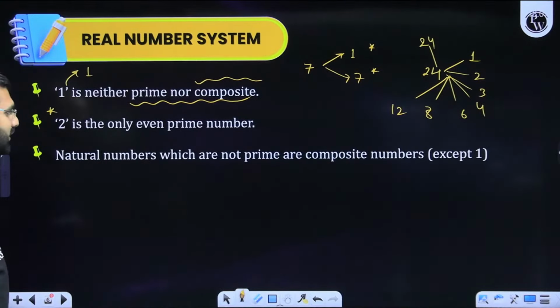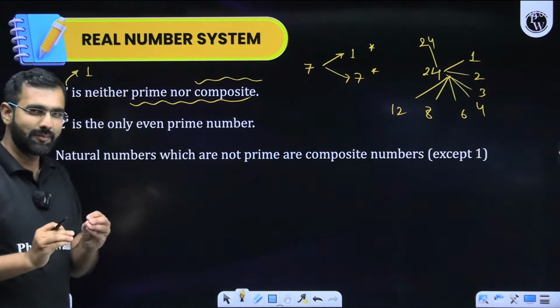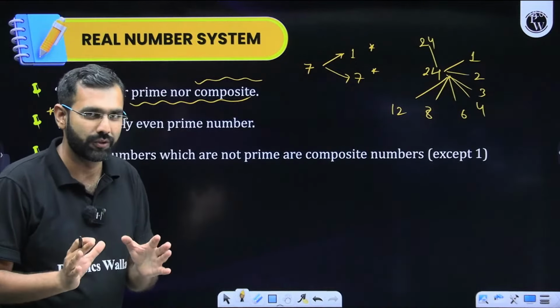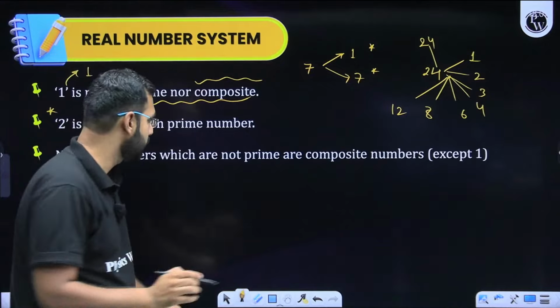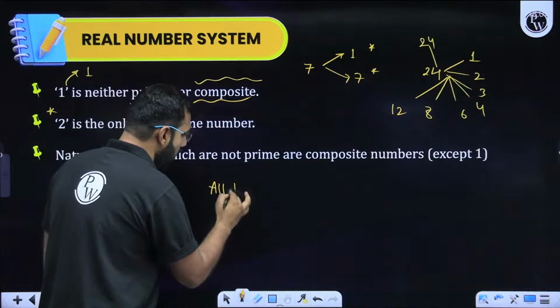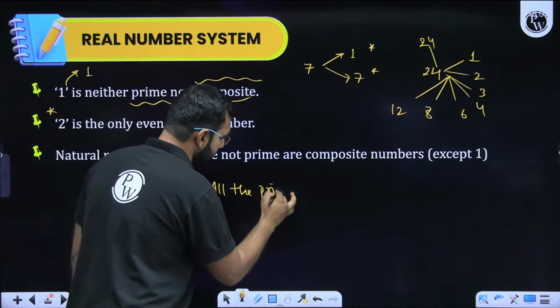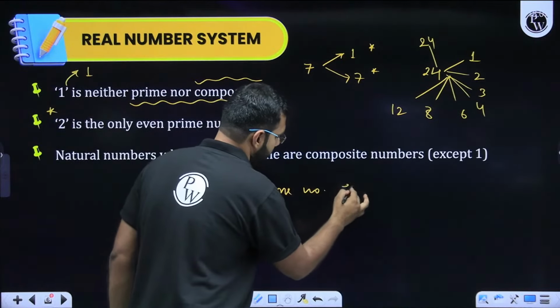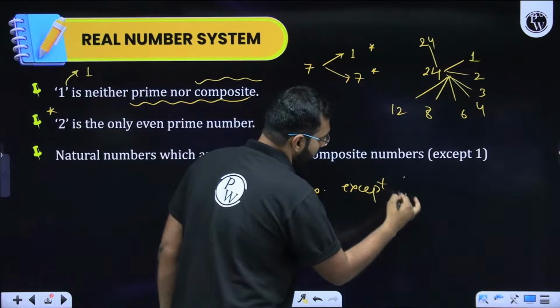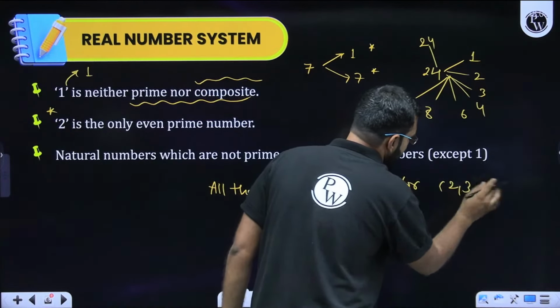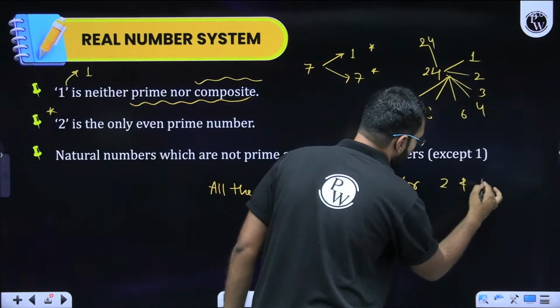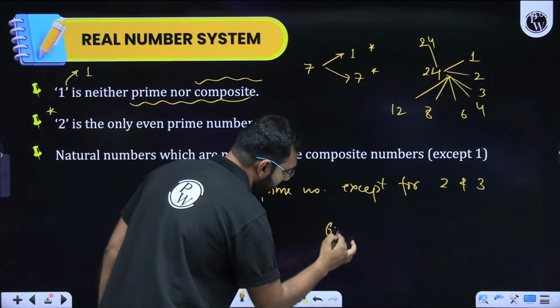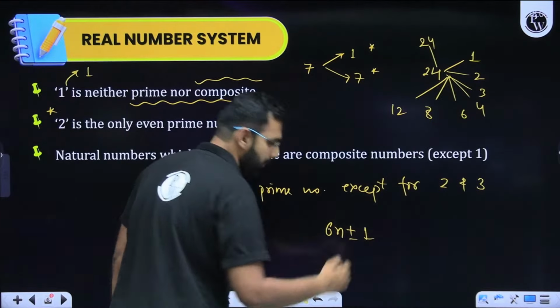So when I go ahead with this, remember, this is something very interesting. All the prime numbers, I repeat, all the prime numbers except for 2 and 3 are of the category 6n plus minus 1.